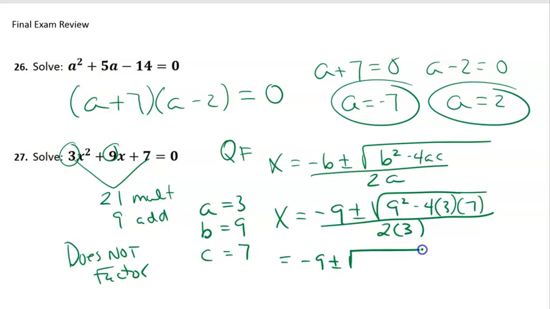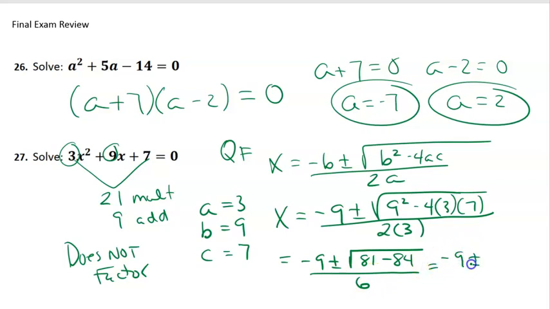So it's plus or minus the square root of 9 squared is 81. So that's going to be 81 minus 4 times 3 is 12 times 7. Don't judge me. I'm going to pull out my calculator because I don't really want to do this in my head. I wrote 9 squared down, so I'm just going to do 4 times 3 times 7. And that gives me 84. And that's all divided by 6.